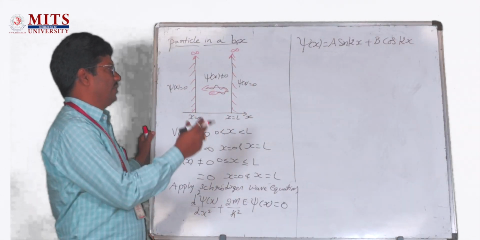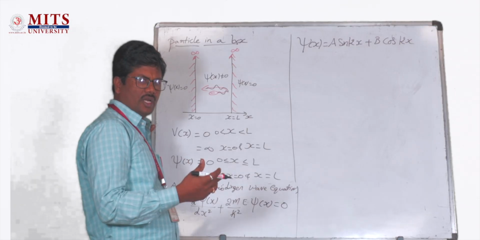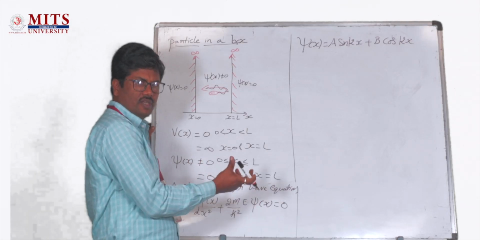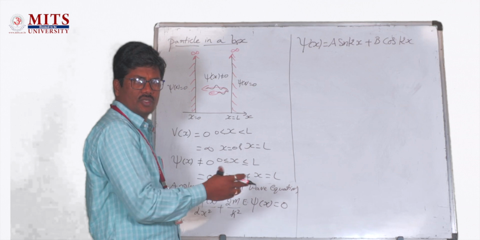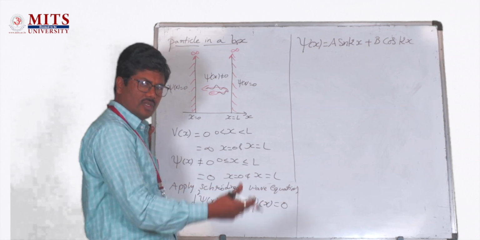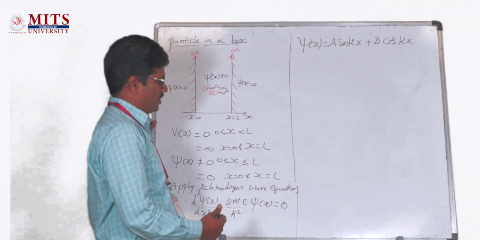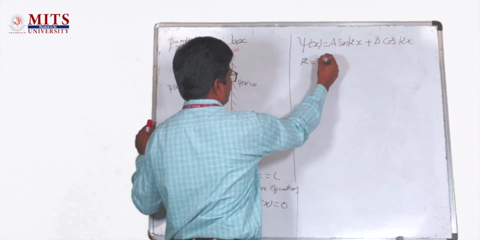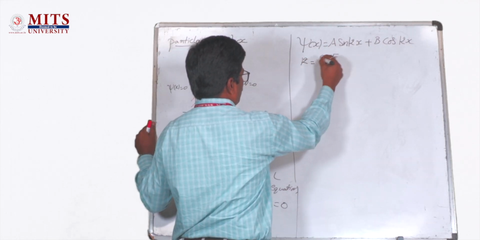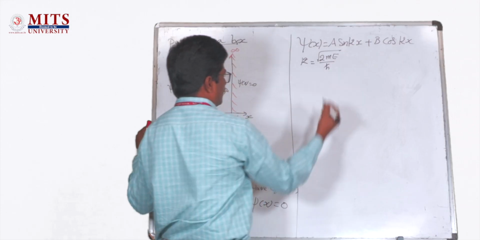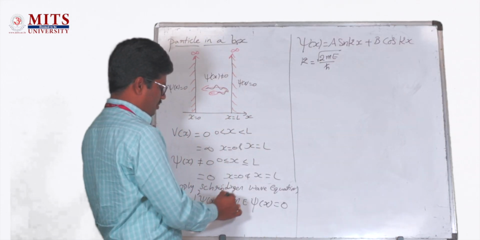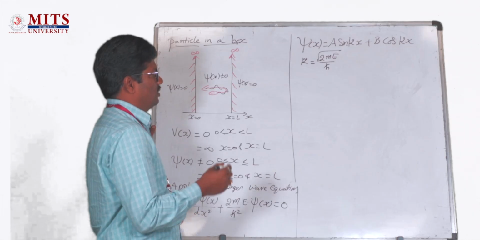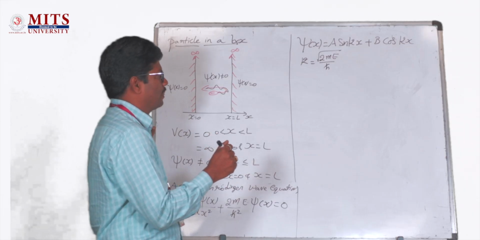You can differentiate a sine kappa x two times and substitute here, and it will satisfy the equation. You can also differentiate b cos kappa x two times and substitute, and it will also satisfy this equation, where kappa we take as square root of 2mE by h cut. So basically this is kappa square, and kappa is equal to square root of 2mE by h cut.